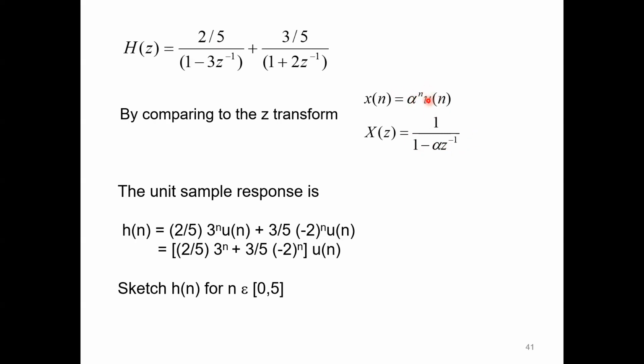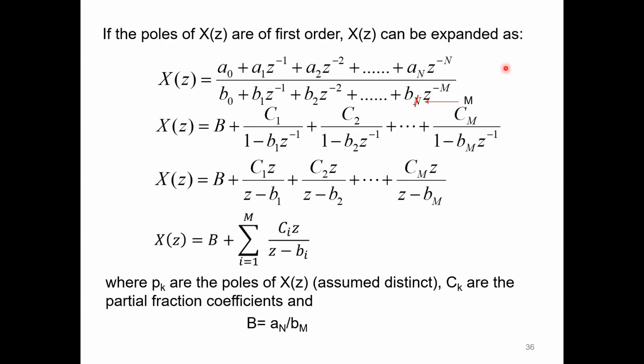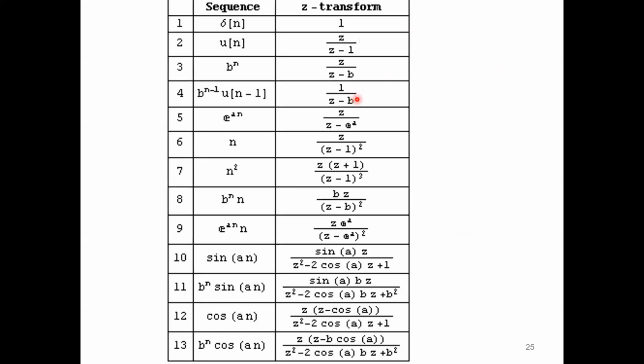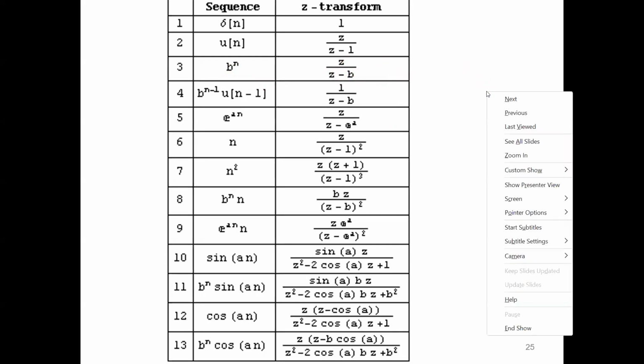Okay, so let me bring you back to the table. So this one, b^n, some constant to the power n. The z-transform is z over z minus b. Or if you divide every term here by z, you will see this one becoming 1 over 1 minus b z^-1. It's the same thing.